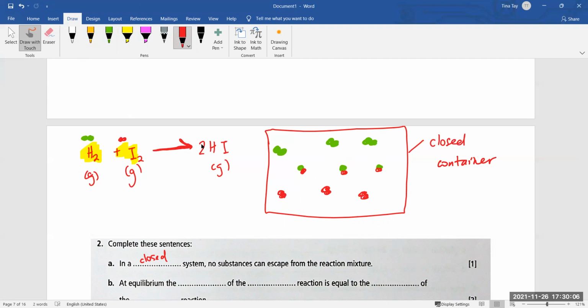Only this way. Once there is quite a lot of hydrogen iodide formed, then the hydrogen iodide says, hey, I don't feel like being hydrogen iodide.